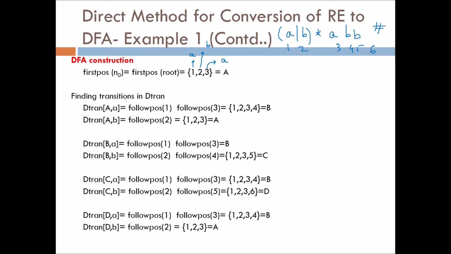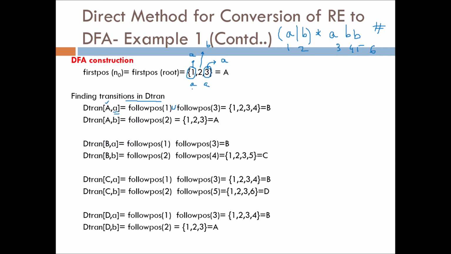To find the transitions, we have to take the union of followpos values of the positions present in A that correspond to small a. So in A, position number 1 and position number 3 correspond to small a.